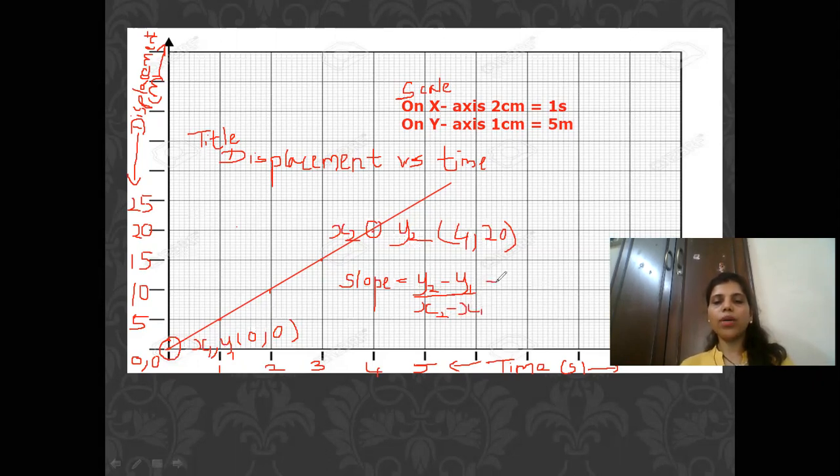So now y2 minus y1. y2 you can see is 20. So 20 minus 0, upon 4 minus 0.